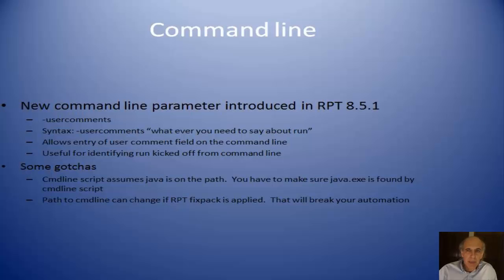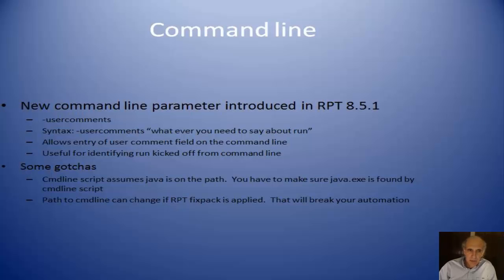And with that, you can pass in user comments to a run that's kicked off from the command line. So your automation can pass in the build ID, for example, or some comments about what you have tuned or what's changed in this build, and it will get entered into the user comment field in the results, which is very useful for knowing what you've done. And so basically it allows you to identify the run that you kicked off from the command line.